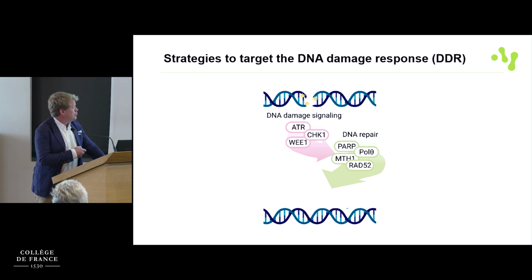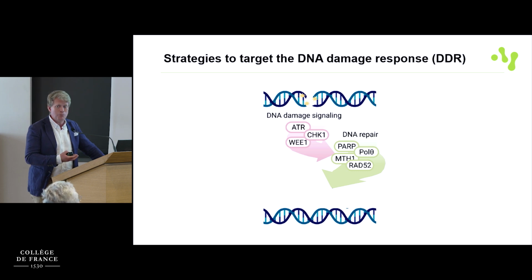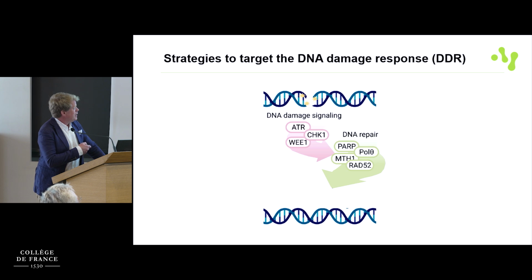So we've talked about a lot of the DNA damage that you can have endogenously from oncogenes or from chemotherapy. And this is recognized by these kinases that you've heard about today that recognize the damage and then signal it. And they signal to DNA repair that then completes the repair. And we've been trying to target many of these.